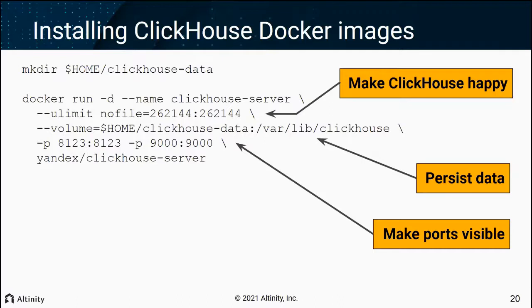And then finally we do port mapping. These are the two most common ports that people use to connect, so we just make them visible to the host. This is a great way to run ClickHouse either on Linux or on Mac OS X. It'll come up if you have a normal network connection. You'll get it downloaded and started in about 60 seconds.